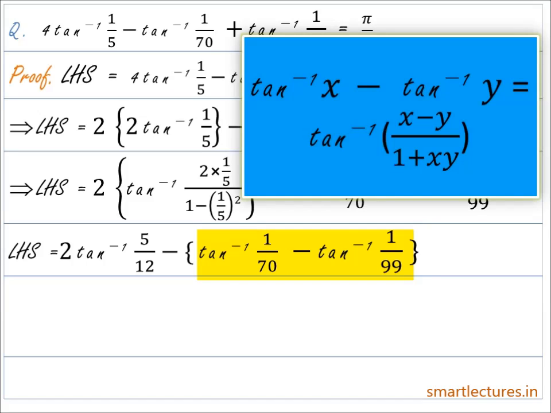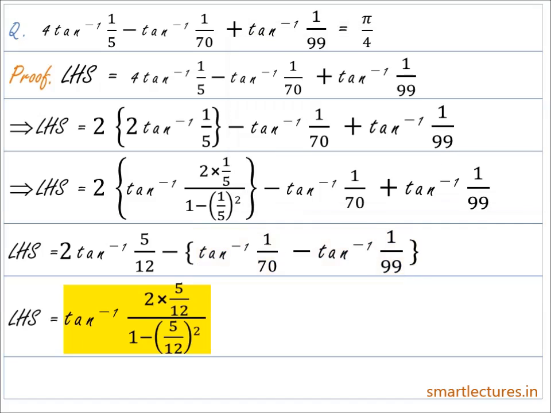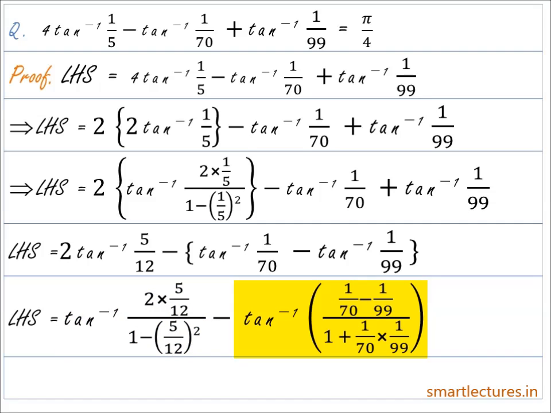So now the left hand side becomes tan inverse 2 into 5 upon 12 divided by 1 minus 5 upon 12 whole squared, minus tan inverse 1 upon 70 minus 1 upon 99 divided by 1 plus 1 upon 70 into 1 upon 99.